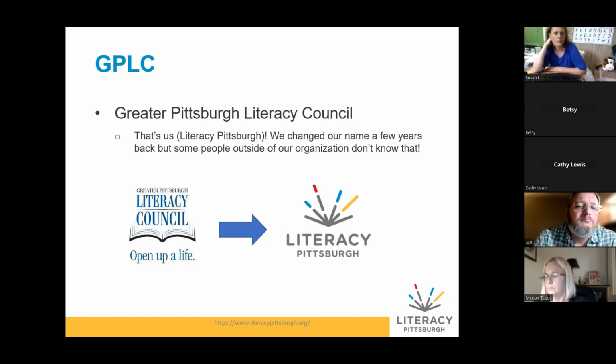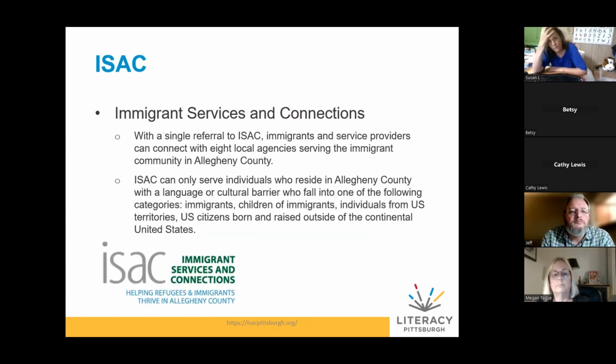When I first started, when I was telling folks about where I was working, I would have to say GPLC before they would recognize where I was working. But this is one and the same. We are the Greater Pittsburgh Literacy Council, but our name is Literacy Pittsburgh now. We still serve all students, and we serve the same students. It's only a change in the name.